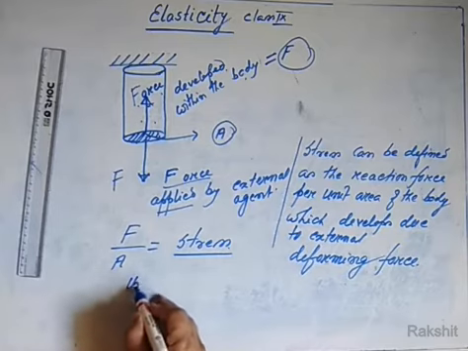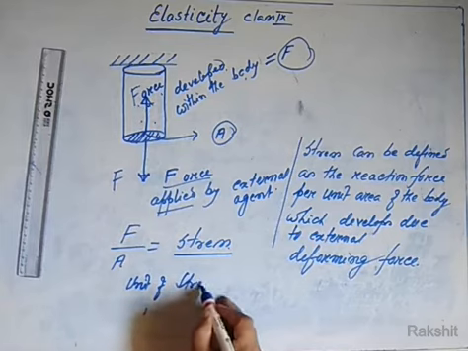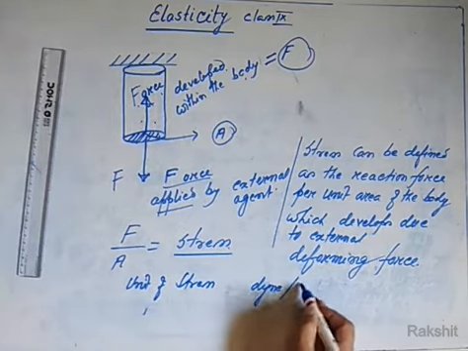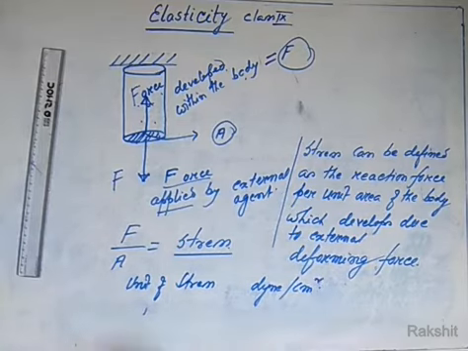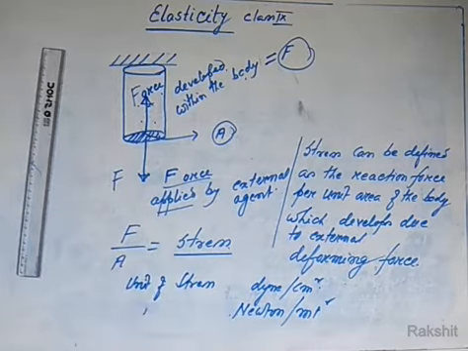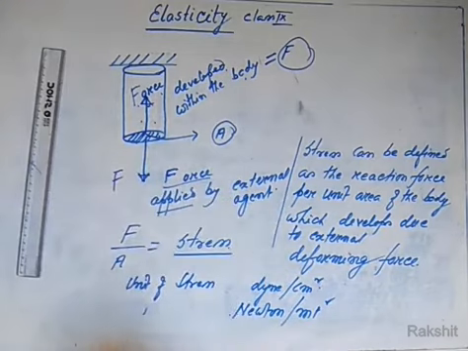So the unit of stress, force by area: dyne per centimeter square in CGS unit, and Newton per meter square in SI unit. So this is primarily about stress.